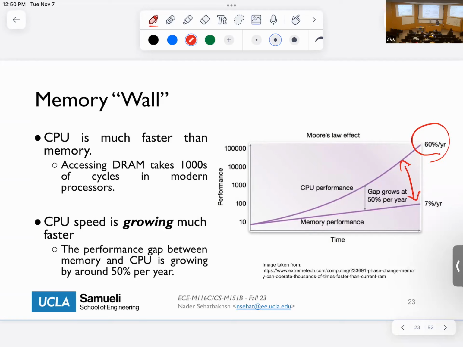Which means the distance between these two grows and grows, and at some point it really doesn't matter how fast your CPU works, you are always bounded by the speed of memory. If you need to bring lots of things from memory, it doesn't matter how fast you can process them. The bottleneck becomes the memory. This event is called the memory wall. Basically, the memory becomes the bottleneck of your system.